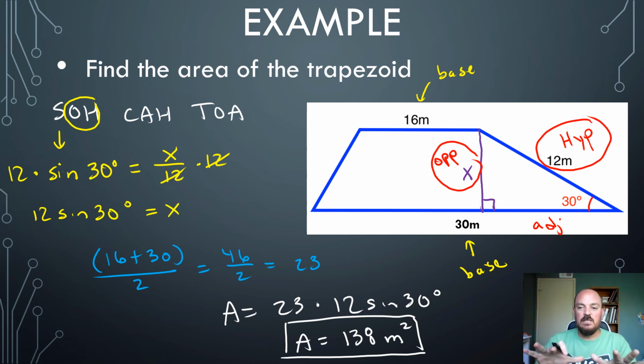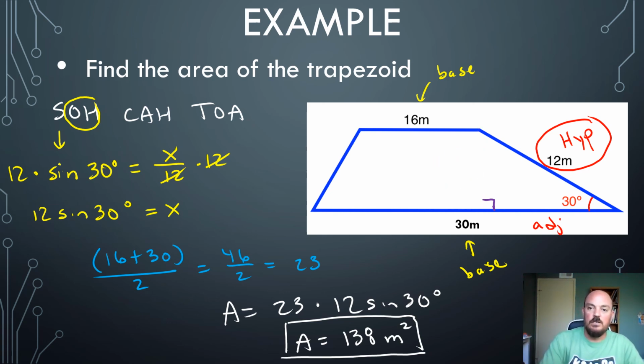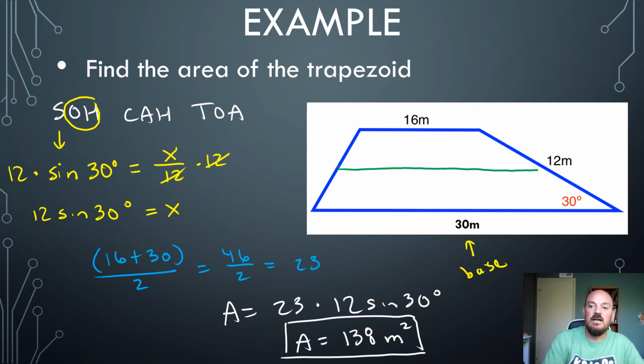Now, I want to show you one kind of interesting thing here. We're done with the question, but I'm going to go back and show you where this formula comes from while I have the picture on the board. Let me get rid of all my little marks here and go back to the original question. So remember, when we found that mid-segment, the mid-segment goes through here and basically cuts the thing vertically in half.